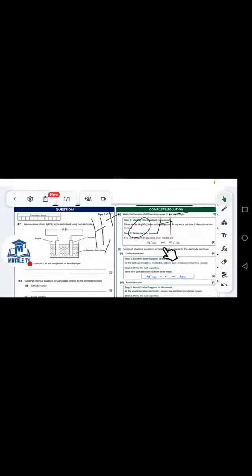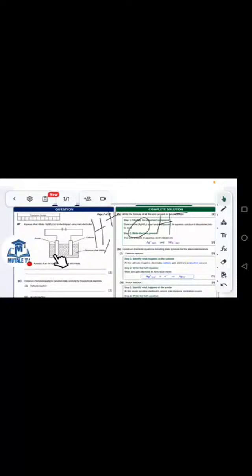So the ions which will compete to go to the anode are nitrate ions and hydroxide ions, because they have a negative charge. And the ions that will compete to go to the cathode are hydrogen ions and silver ions, because they have a positive charge. Remember, different charges attract each other.